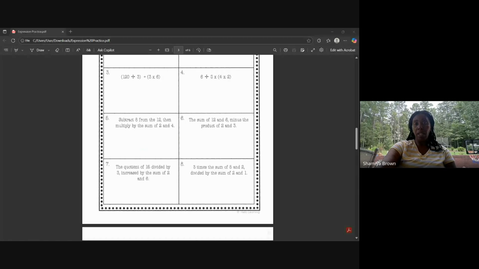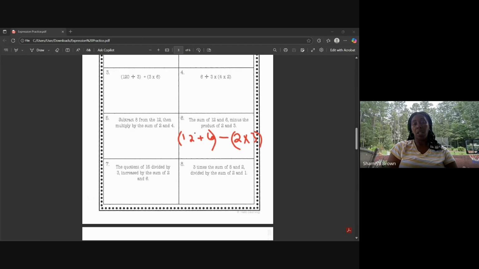All right, now let's look at the next one. It says the sum of 12 and 6 minus the product of 2 and 3. So the sum of 12 and 6 is going to be 12 plus 6, minus the product of 2 and 3. So these have to go in parentheses.